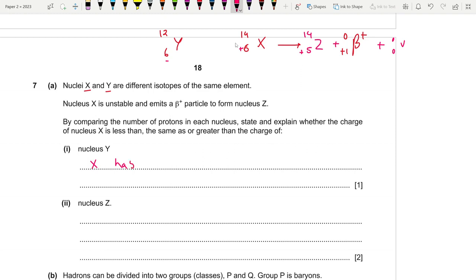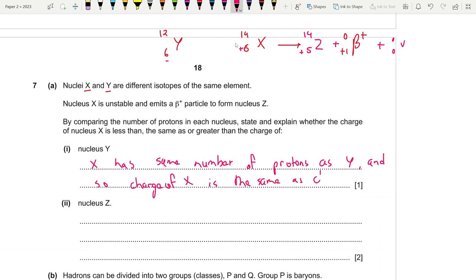So X has the same number of protons as Y. And so charge of X is the same as charge of Y. Okay, that's fine, pretty easy.